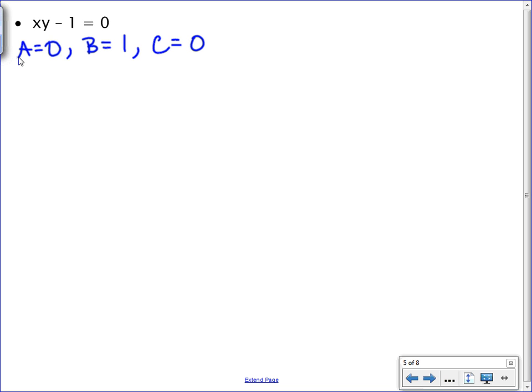So if I look at the cotangent of 2 theta, we use what? A minus C over B. So 0. A is the coefficient of x squared. B is the coefficient of xy. C is the coefficient of y squared. Alright? So, when is the cotangent equal to 0?